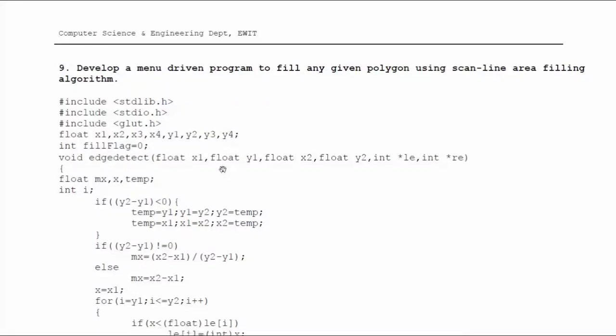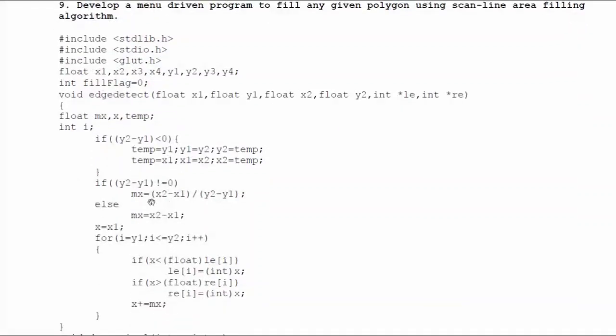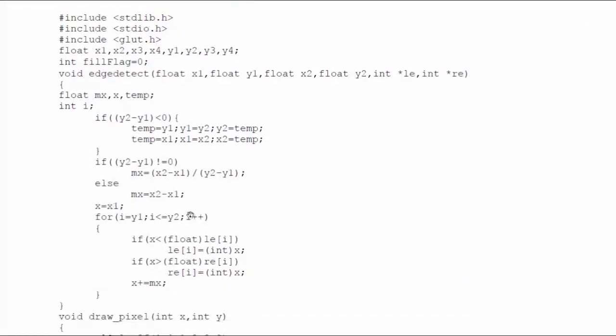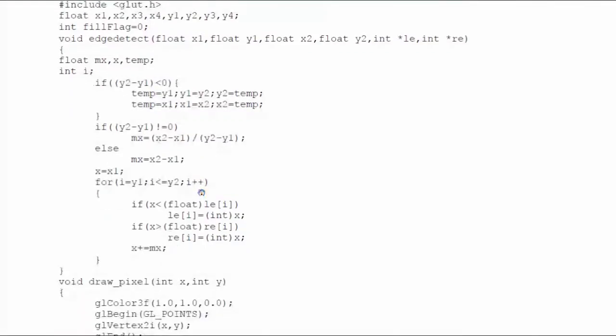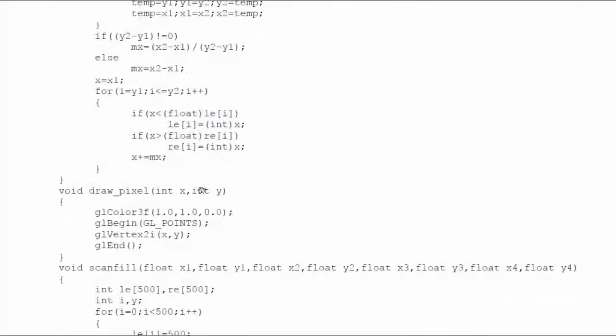Here is y2 minus y1 and then the slope formula, all these things I have explained initially. Here is glColor3f. What is meant by this?